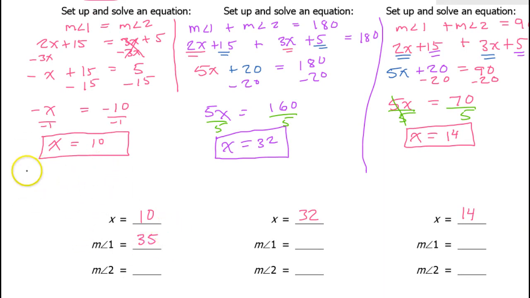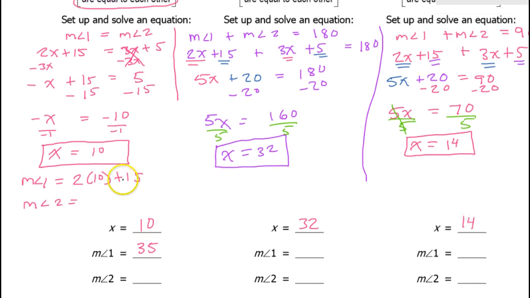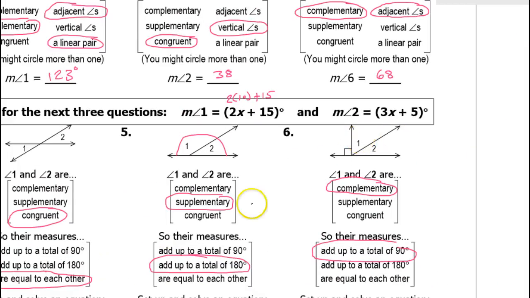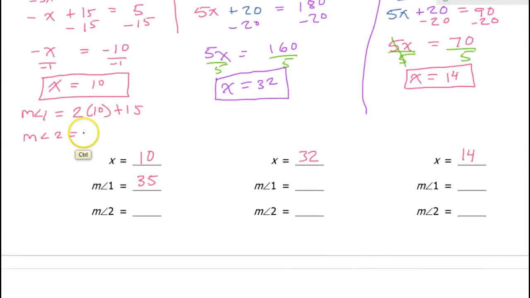Maybe I should write that down right here. The measure of angle 1 was equal to 2 times 10 plus 15. And the measure of angle 2 is 3x plus 5, so that's going to be 3 times 10 plus 5.